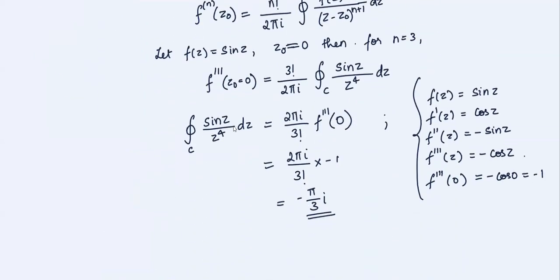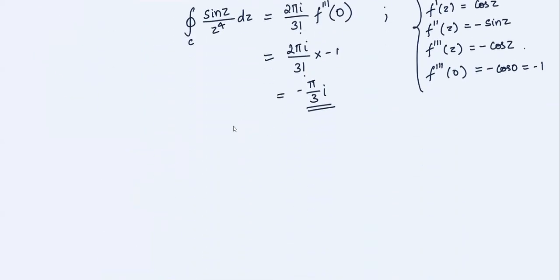Now, how to find residues in a simple way? Now that we know how to find the residue by the residue integration method, which is very, very simple, here are the formulae to find residues.